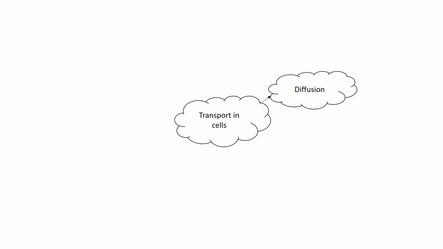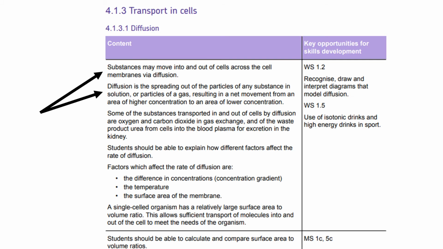So we're going to take this subtitle and we're going to add it to our diagram coming off transport in cells. Okay, so I read through the first part of the specification, and you can actually combine these two sections into one kind of sentence that will cover all of that information. So I've taken these two sentences. Substances may move into and out of cells across a cell membrane via diffusion.